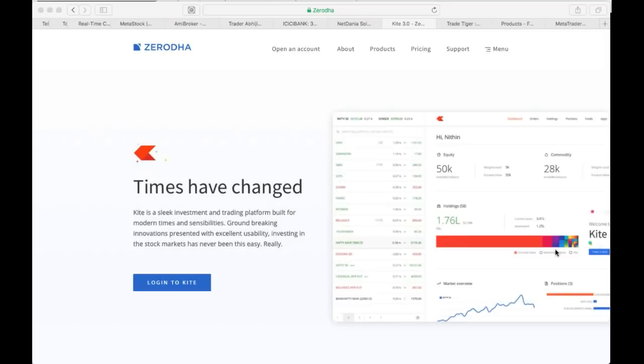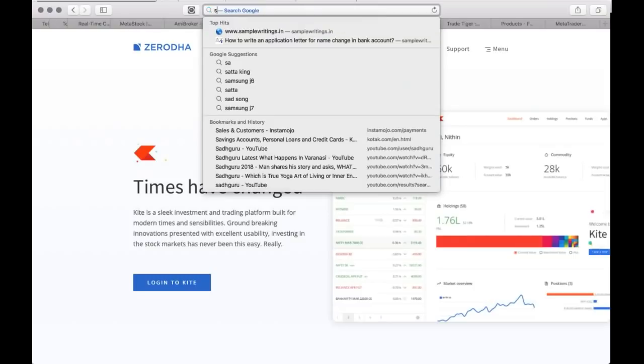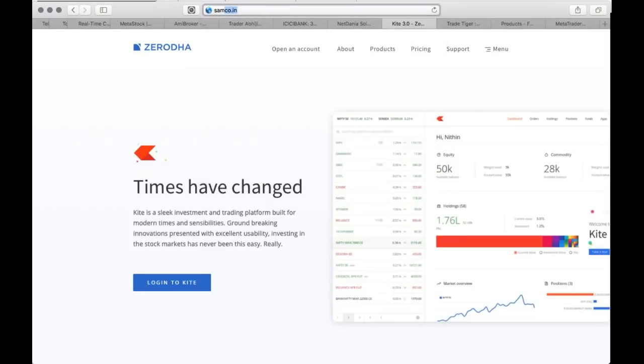I'm sure there are many Zerodha clients. Samco, yes, if you would have seen when I was typing Samco, something was coming up. Samco, one of my friends told me to take a look at it. I did actually, but I did not dig deep into it. So Sandeep, I will not be able to comment on it because I have not analyzed it deep enough.